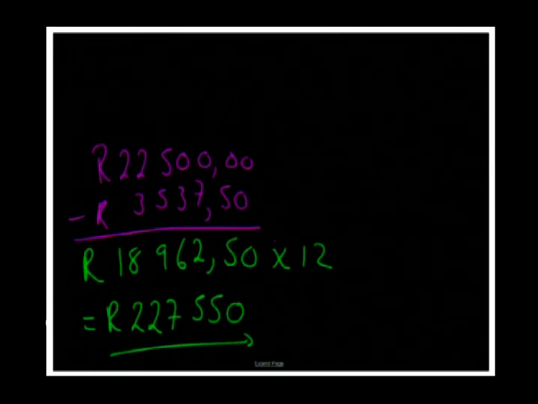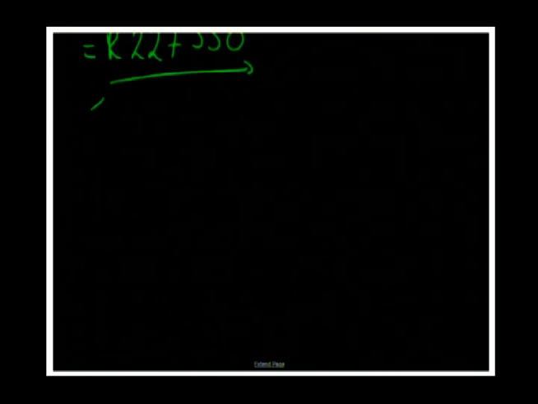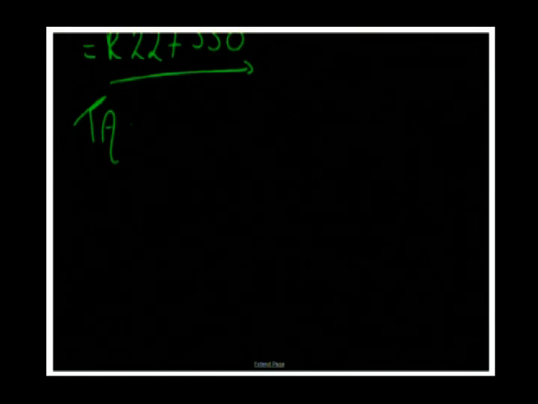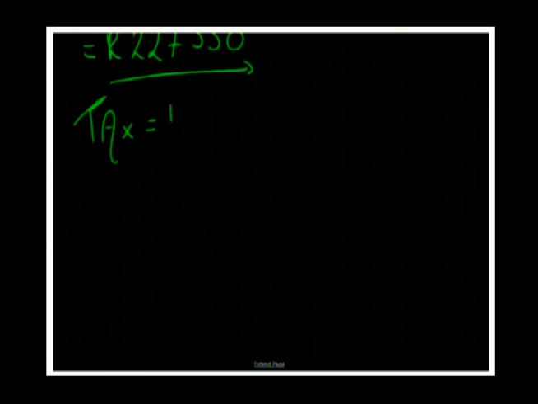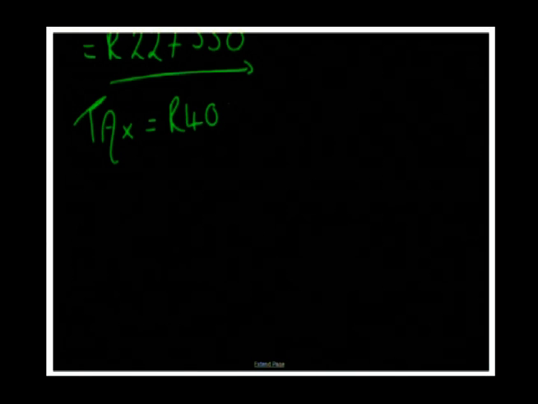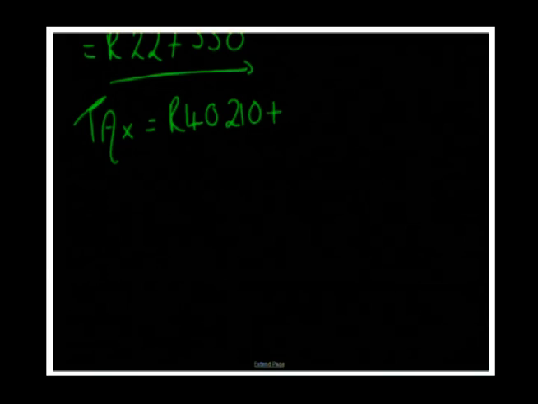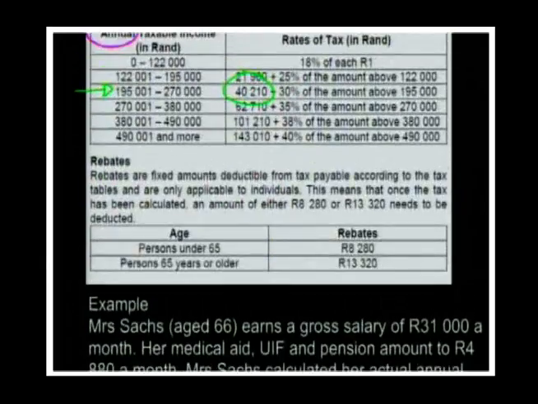So let's go here. And we're going to say, okay, so my tax is starting off with 40,210 Rand. Plus what? Plus 30% of every amount above 195,000.